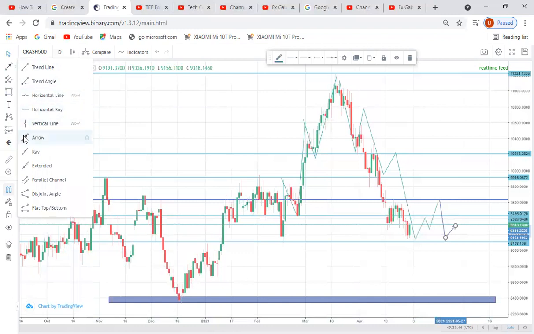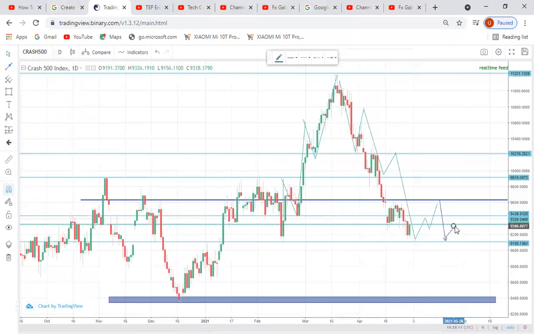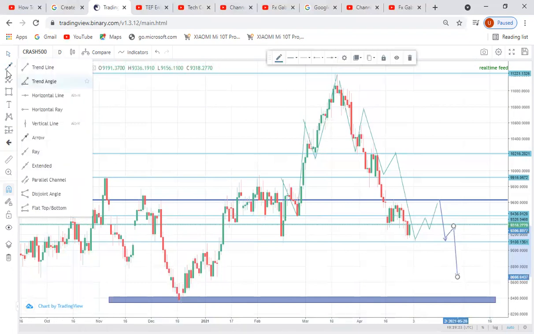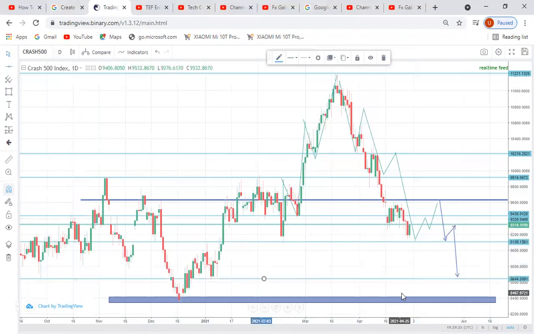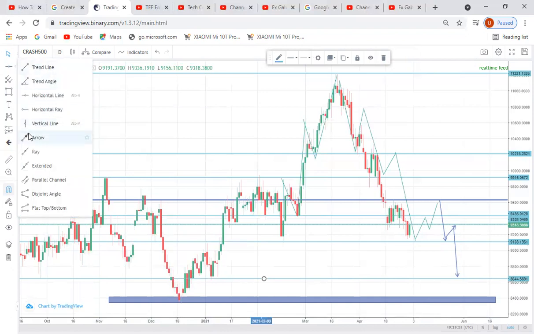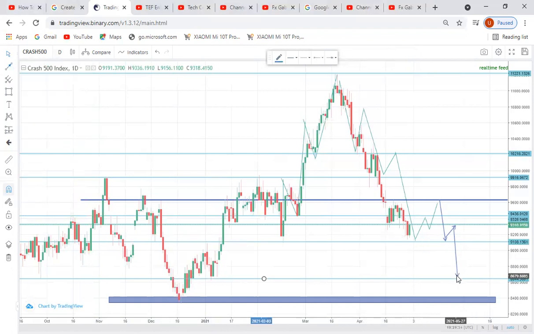Then we may possibly have price breaking that current zone to this level, and anything from here, this is a long time buy. I don't know how many weeks this might take, but this buy will be moving as long as this place. Anything from here will be a real long term buy.